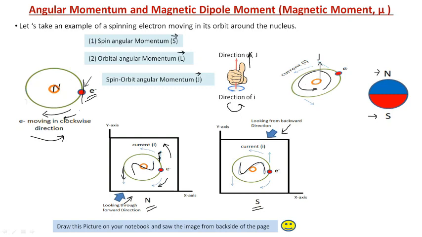Since this magnetic dipole is created by a charged particle, it itself has its magnetic dipole moment, which we represent by a symbol mu, and this is equal to the multiplication of current I and the area of the orbit.